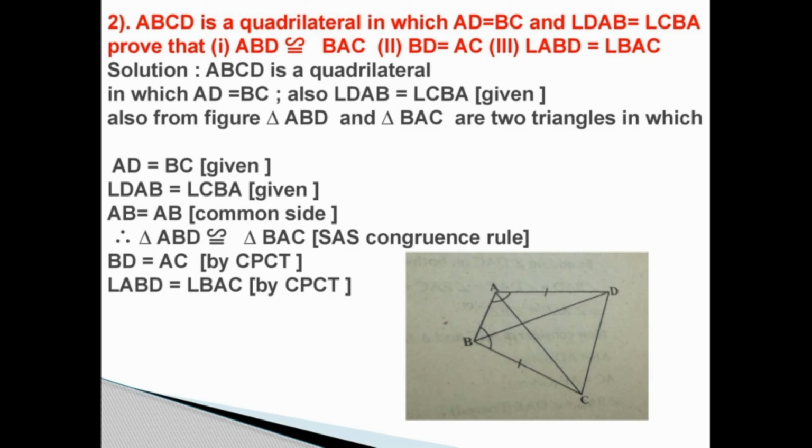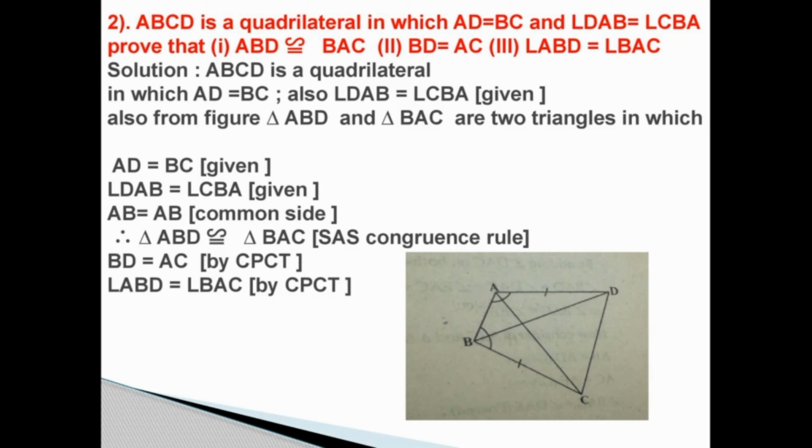Angle DAB is equal to angle CBA, also given. AB is equal to AB, common side. Therefore, triangle ABD is congruent to triangle BAC by SAS congruency. Also, BD is equal to AC by CPCT. Last one, angle ABD is equal to angle BAC by CPCT.